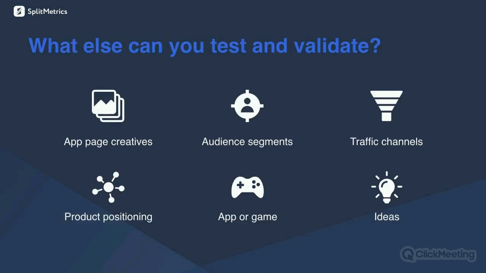Split testing doesn't only result in app conversion rate improvement, actually. It also assists in the validation of various audience segments, traffic channels, and product positioning. Moreover, pre-launch experiments help to evaluate a product and qualify ideas.